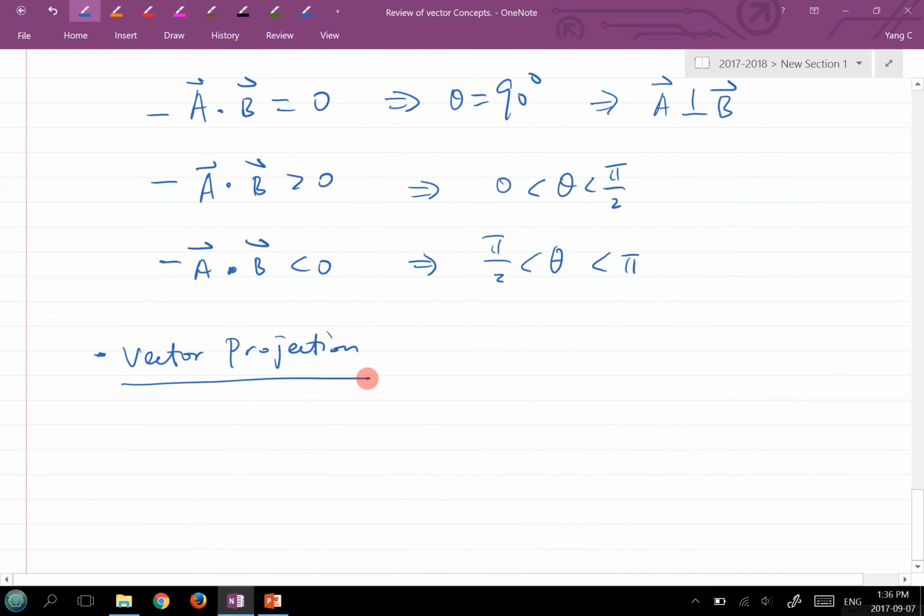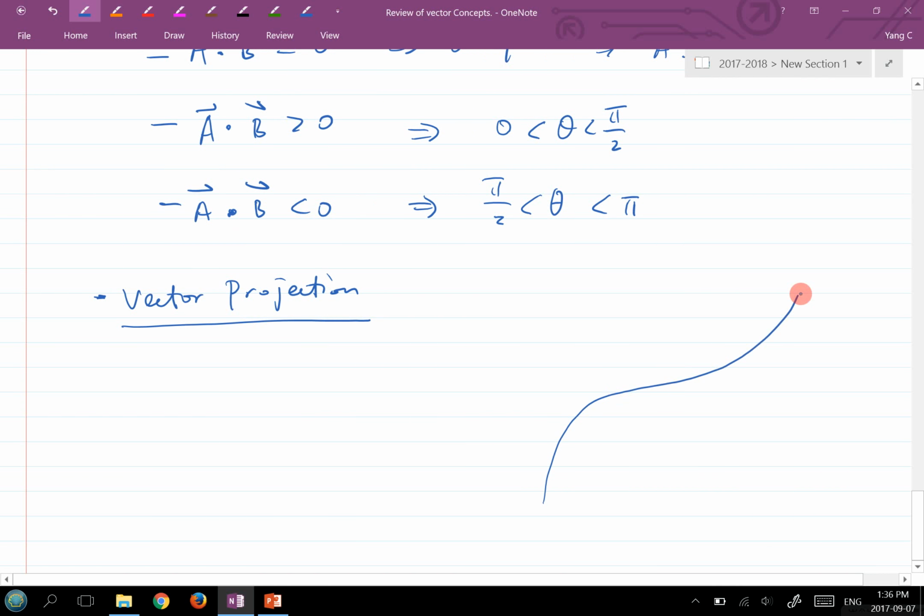For example, you learned in dynamics that you may have an acceleration vector pointing that way, and you might be interested in decomposing this acceleration into two different components, let's say a perpendicular and a parallel. So you might be interested in decomposing a vector in two perpendicular directions.